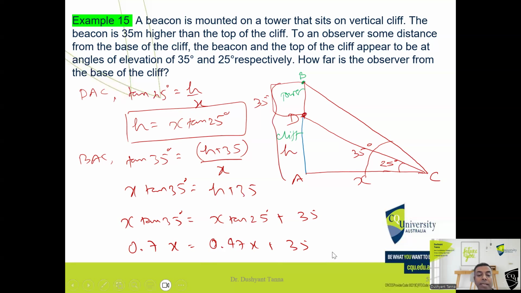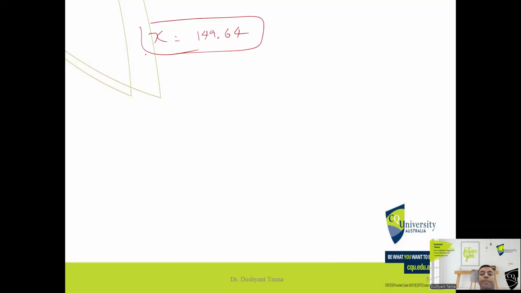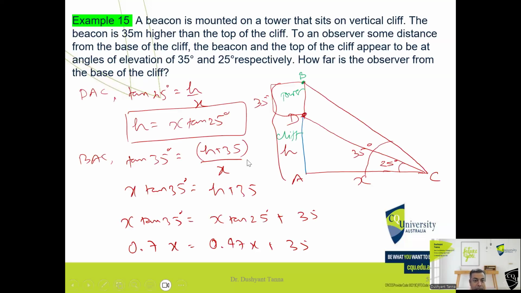So on solving it, you will get your x as 149.64. So how far is it? 149.64 meters. Make sense? Yeah. See, I only wrote 0.7, but you should write 4 decimals here, and then subtracting, your answer will be more accurate.